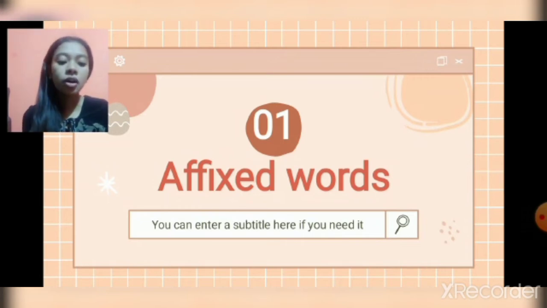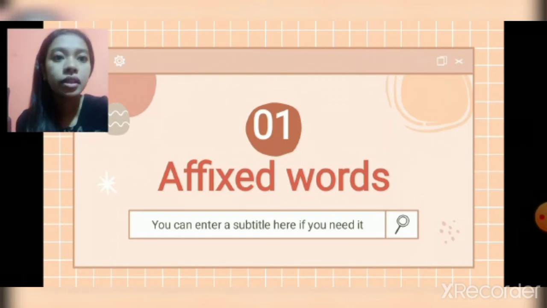So, to talk about lexical equivalent adjustment, our group is more focused on affixed words and compound words. Affixed words are divided into two: derivational affixes and inflectional affixes.